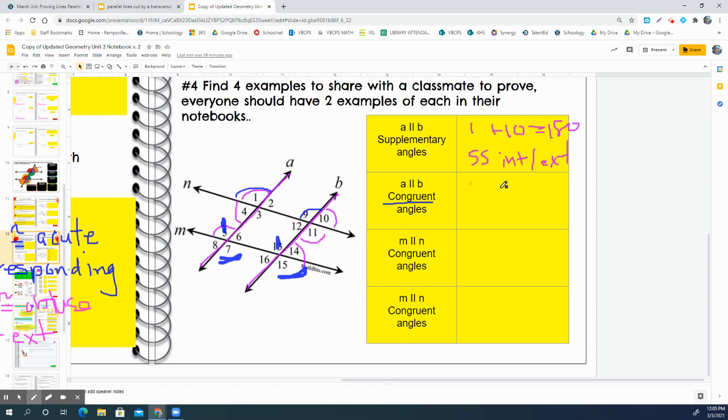So you could do 7 equals 15. I can't remember what I did. I think I did 7 and 15. 7 and 13. Do 7 and 13 work? 13 is hiding right here. I need to erase all my chicken scratch here.